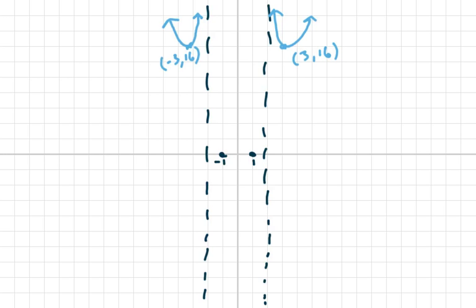Now, the other points I had were 0, 1/4. So in this middle part, I had my y-intercept right in here. And so basically this is kind of going to go below the graph in here, goes up a little here, then it comes back down. Okay? And that is your graph.